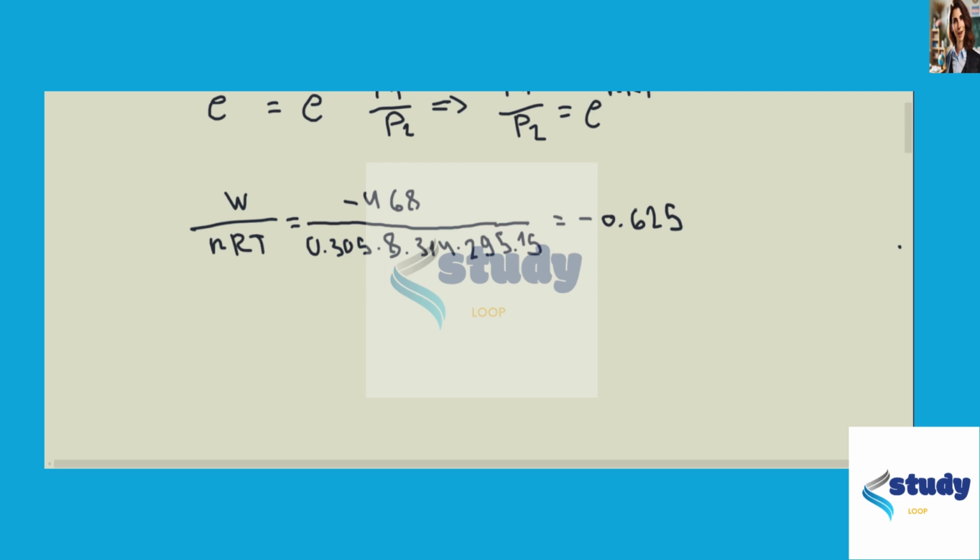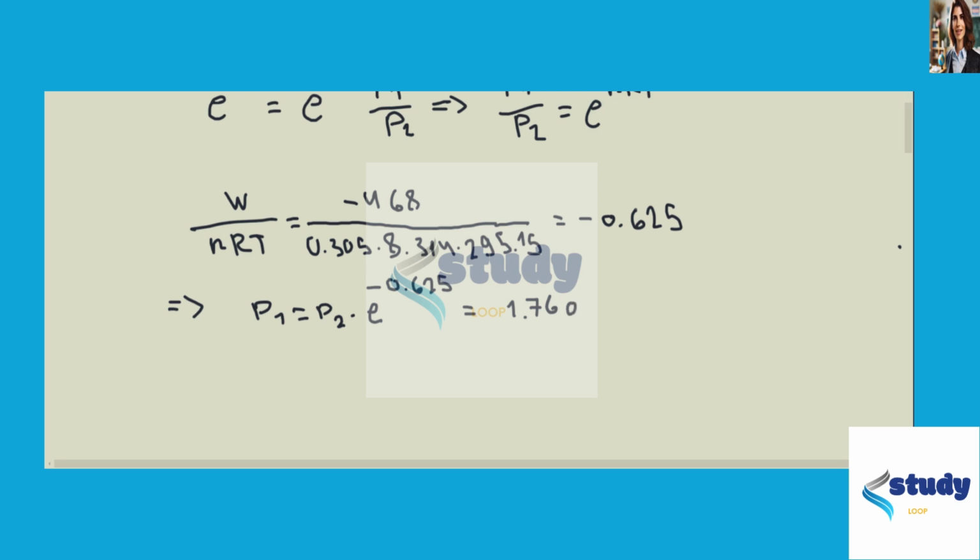And from here we can finally say that P1 is going to be equal to P2 times e to the minus 0.625. Now we can substitute for P2, so this will be 1.76 atmospheres.